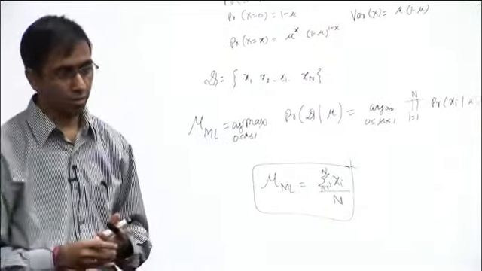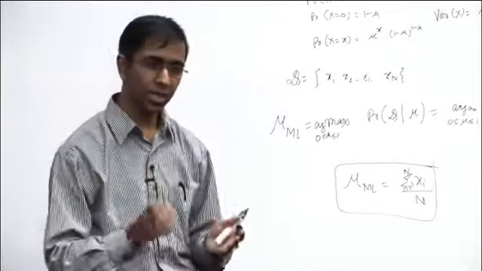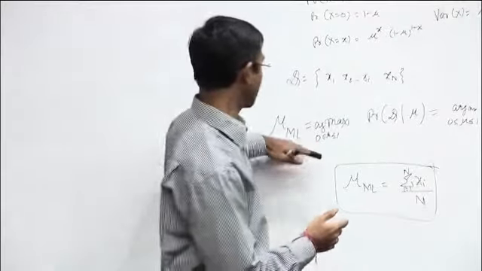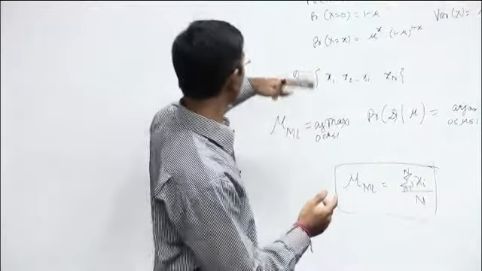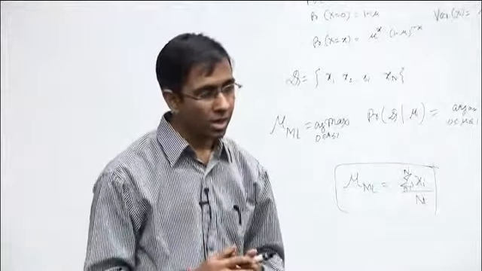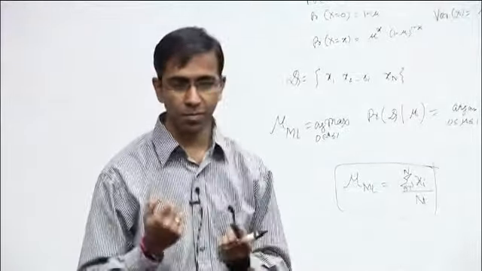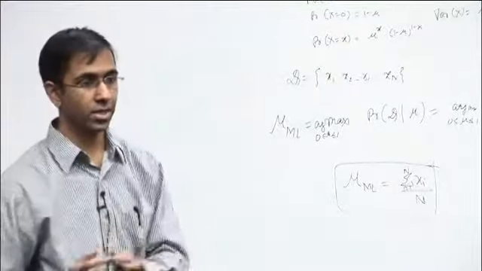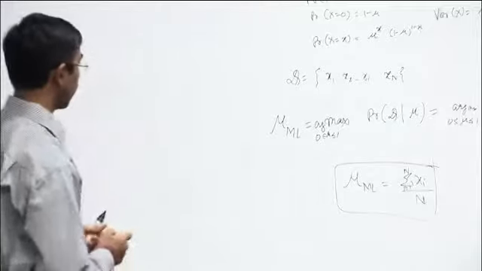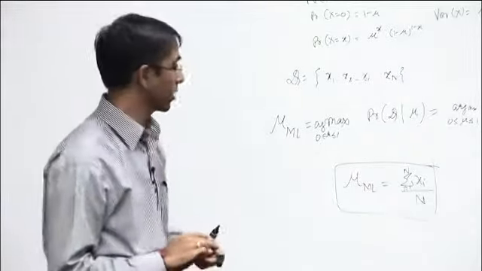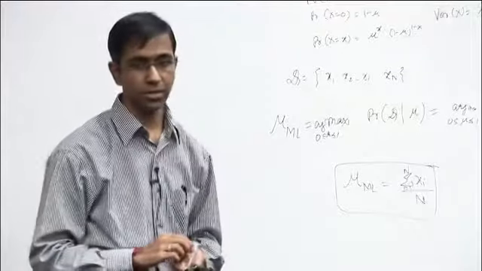But one goal should be that you should be able to compute this maximum likelihood or maximum a posteriori solution easily. Another is that it should have some good interpretation for that particular problem or domain: why did I select that prior? For this particular problem, the prior is a popular distribution called the beta distribution.